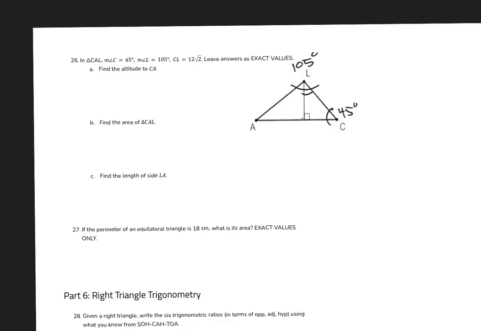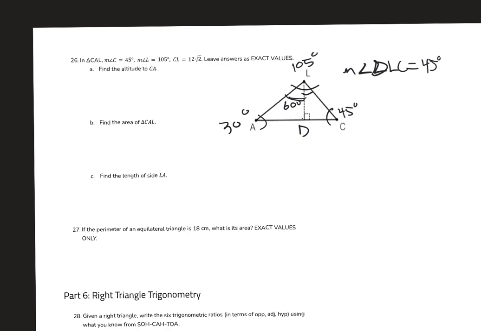Let's call this, we have ACL, let's call this D. The measure of angle DLC has to also equal 45 degrees, which means that this angle here has to equal 60 degrees, which means that this angle here has to equal 30 degrees.